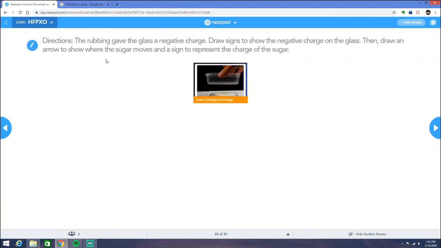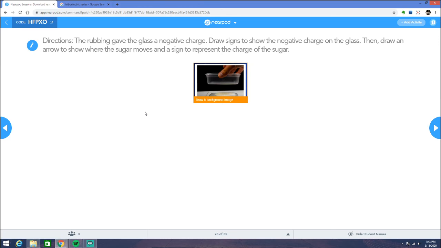After watching that video, draw signs to show the negative charge on the glass, then draw an arrow to show where the sugar moved, and a sign to represent the charge of the sugar. Just like with the wool shirt, we want to see the negative charge on the glass, then an arrow showing the direction the sugar moves, and a sign meaning positive or negative to show the charge of the sugar.